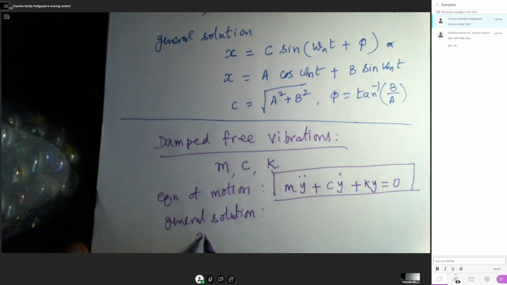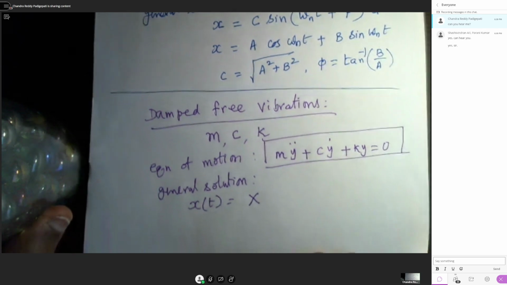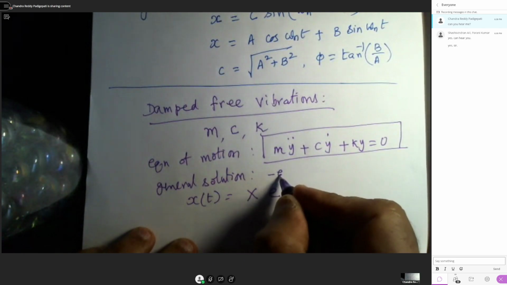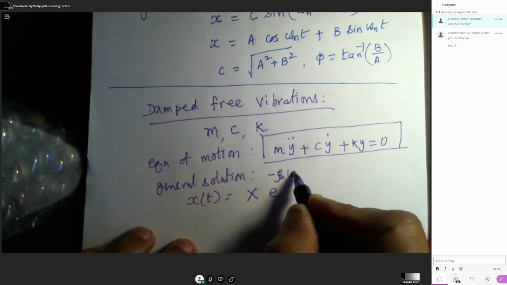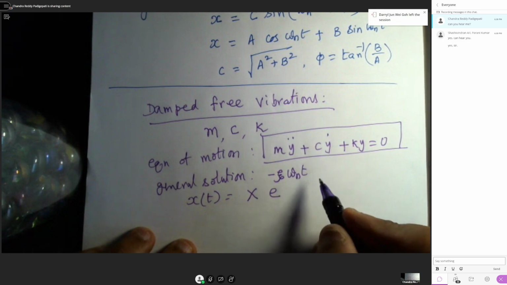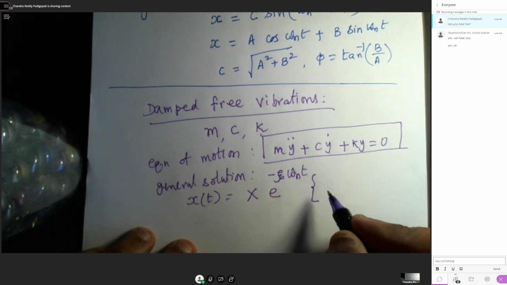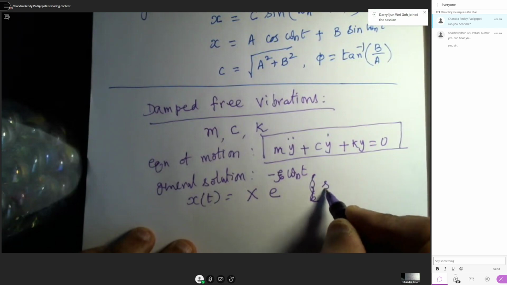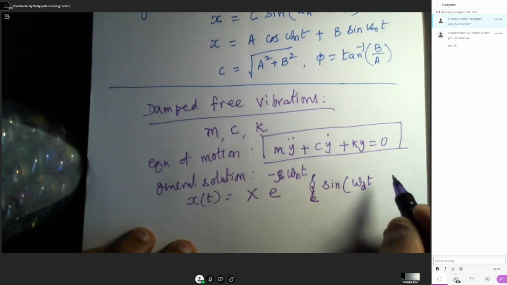The first one is the displacement as a function of time: capital X, the amplitude of the vibration, multiplied by the exponential of minus eta omega n t, where eta is the damping constant, then multiplied by sine of the damped natural frequency omega d t.